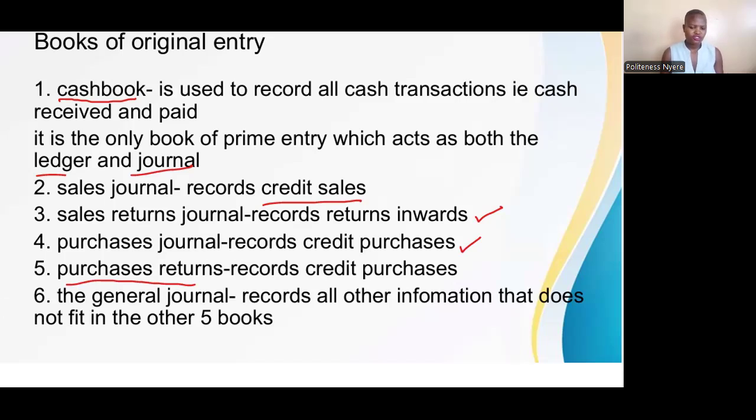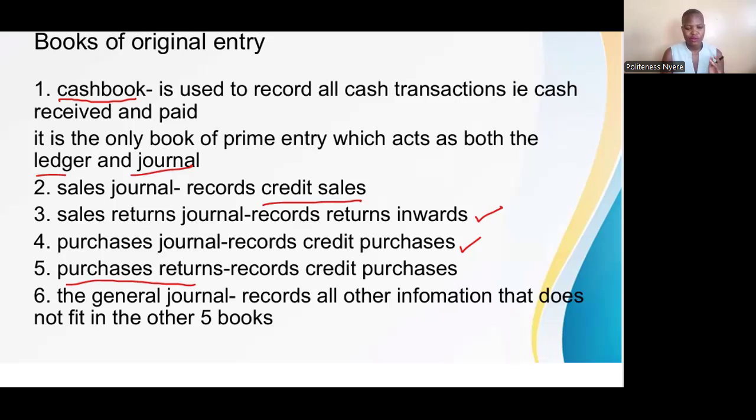In the general journal, we record any other information that does not fit in the other 5 books of original entry, for example, the sales and purchases of fixed assets, especially on credit. If we purchase fixed assets or sell fixed assets on credit, we record those in the general journal.